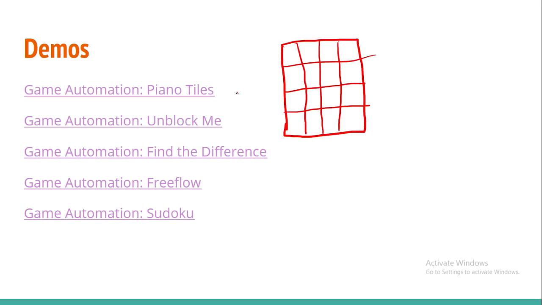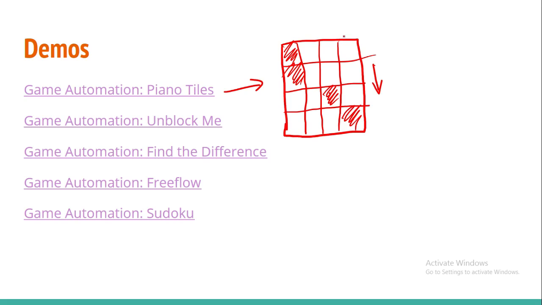This is the demo of the game Piano Tiles. You have tiles covered in a specific pattern, and these tiles keep going down, very, very fast. As the tiles keep falling from the top, you have to click them at the right time.